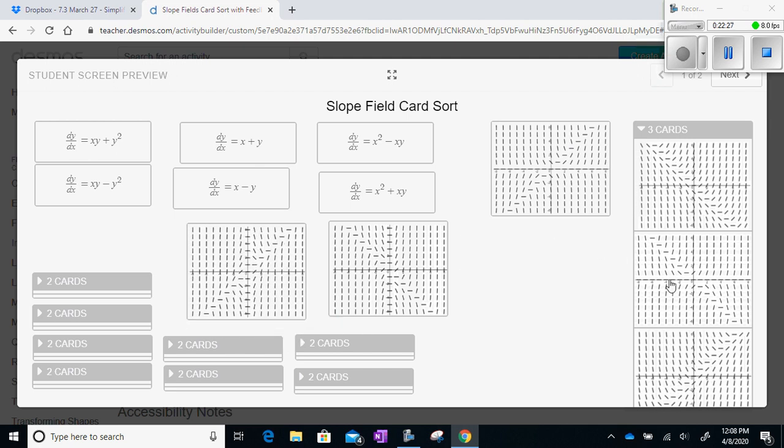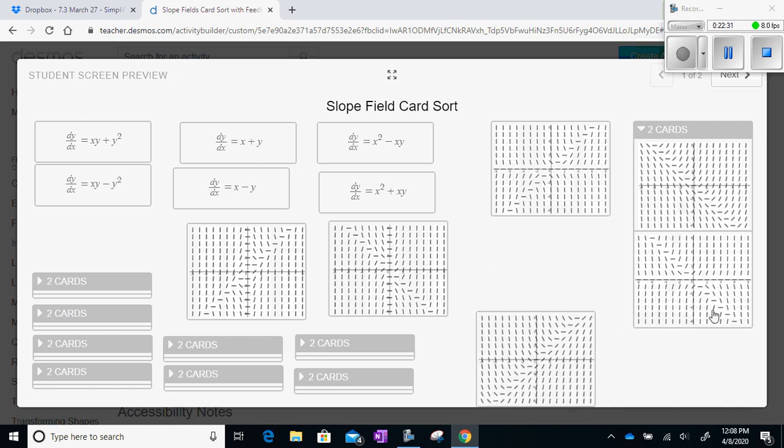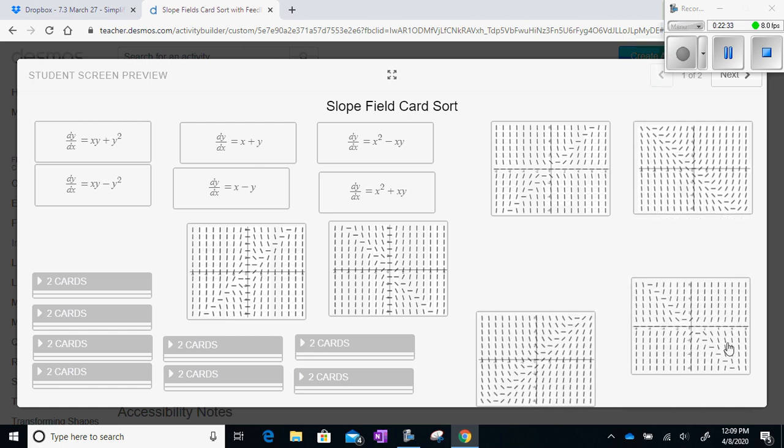Do we have any other? I think I can see all my cards here. Okay, pull them apart. There's 6 cards. Nothing else has a 0 along the y-axis except these 2. So now it's a matter of figuring out, okay, when x equals 0, my slope would be a 0 in both of these.